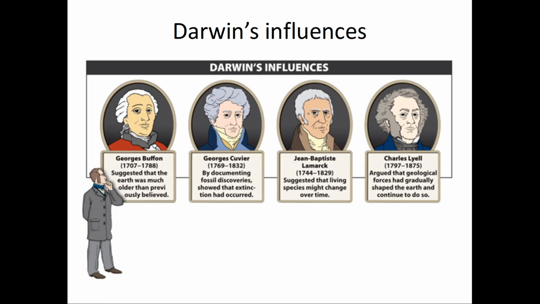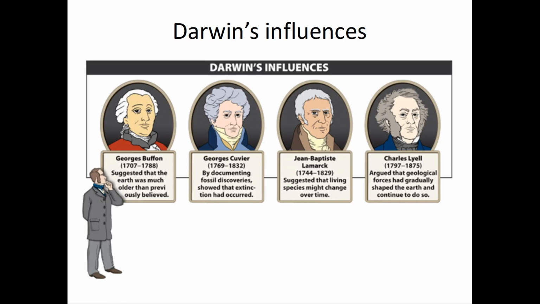George Cuvier, documenting fossil discovery, showed that extinction had occurred, so things could die. That lends itself to thinking that there might be something like natural selection, right? If something like the dinosaurs died, then where did the species that came after these lost species come from?